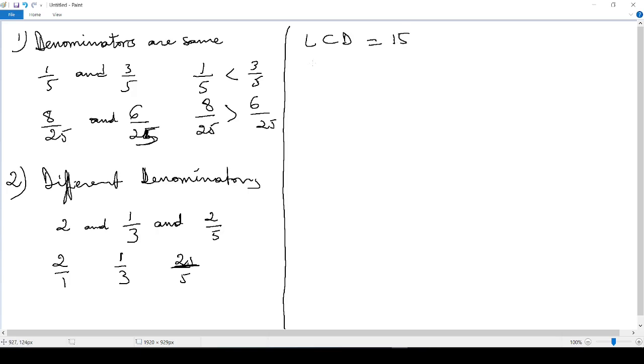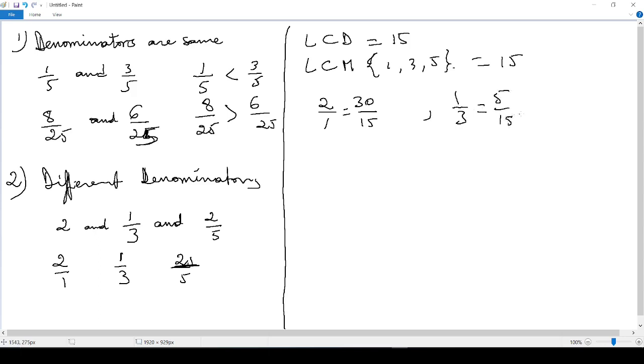How do we find 15? We do the LCM of our three denominators, 1, 3, 5, and it is 15. We rewrite our fractions: 2 over 1 becomes 30 over 15, 1 over 3 becomes 5 over 15, and 2 over 5 becomes 6 over 15.